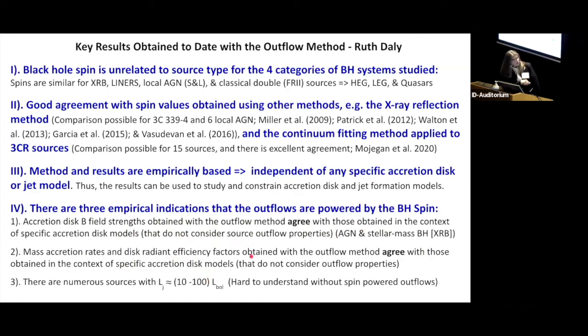Same for the mass accretion rates and radiant efficiency factors obtained with the outflow method, which agree with those obtained for the same sources using models that have nothing to do with the outflow. And finally, there are many sources with outflow beam powers in erg per second that are 10 to 100 times the bolometric luminosity of the disk, arguing, again, as many people have argued, that the outflows are spin powered.